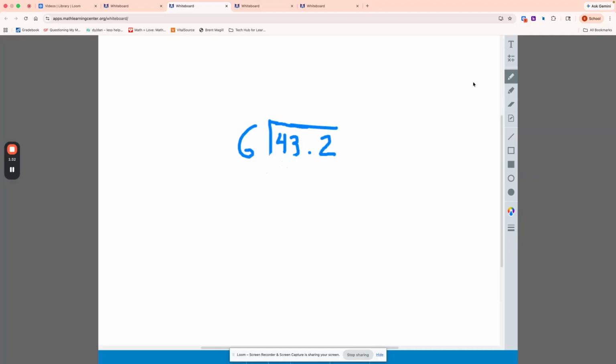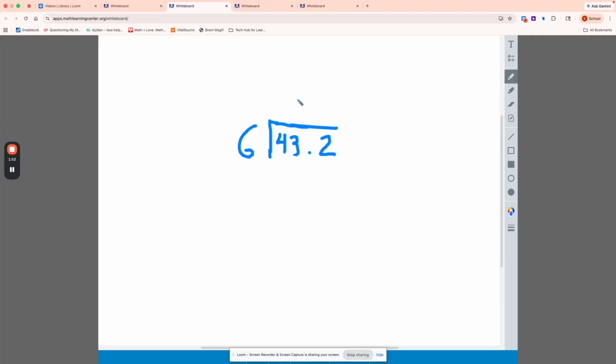Yes, you can. So how many can you put into each group? You want the largest amount you could put in each group. And so if you know your multiplication facts, you should be able to think about what that is. And if you don't, grab a multiplication table and go ahead and look at that. That's fine.